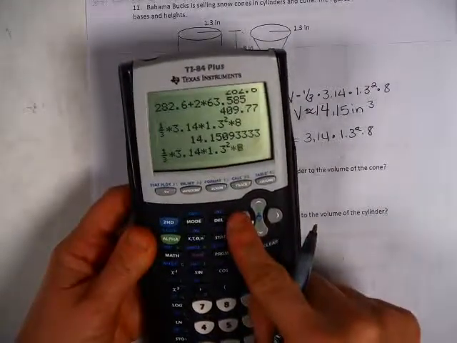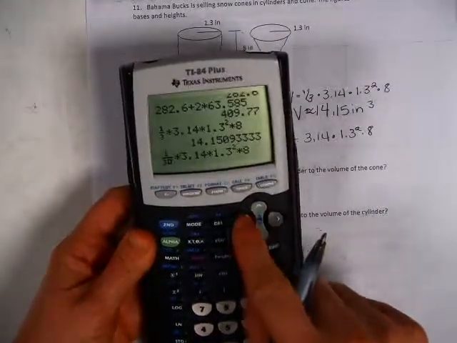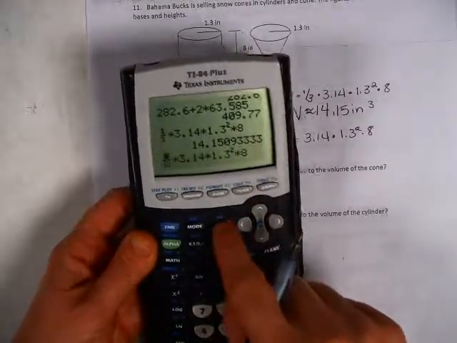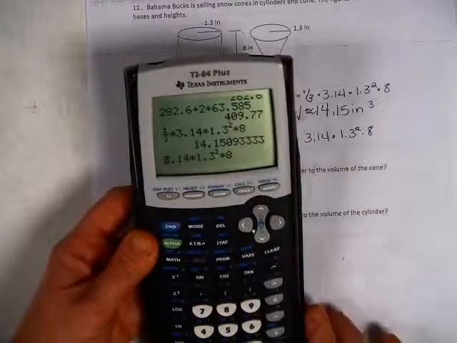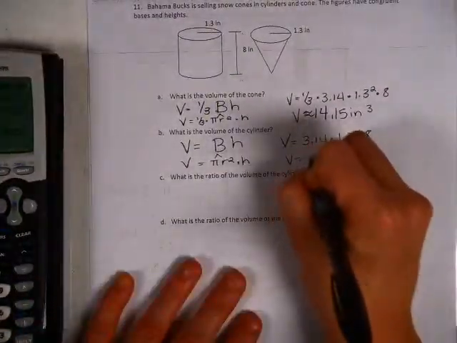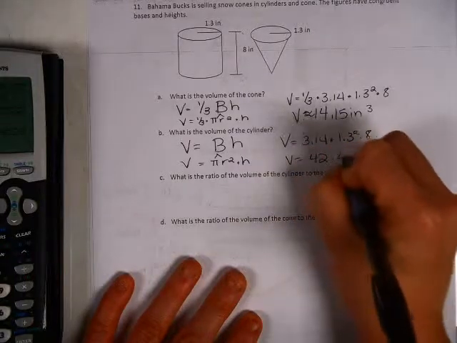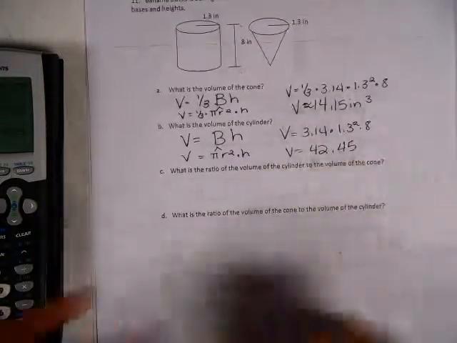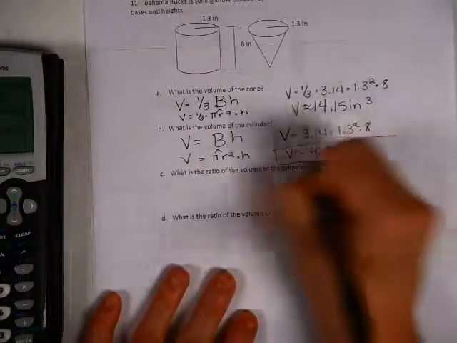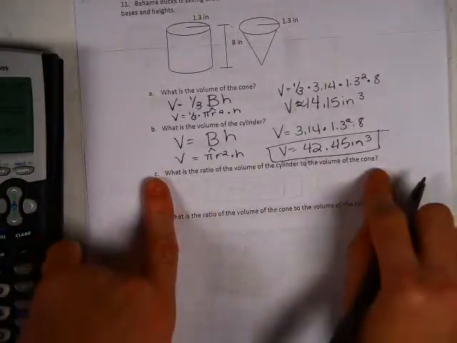Okay, I just retyped everything that I already had, and I'm just going to delete this stuff. And I get the volume is 42, I'm going to go 45. Okay? Inches cubed. Alright, then it says, what is the ratio?